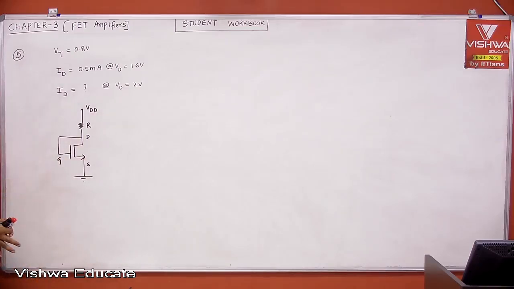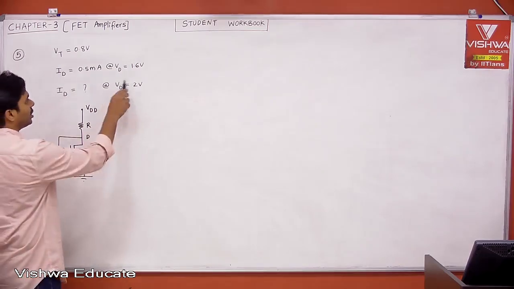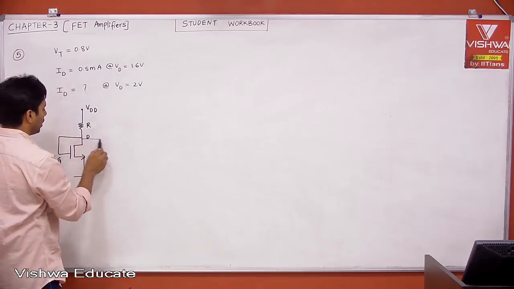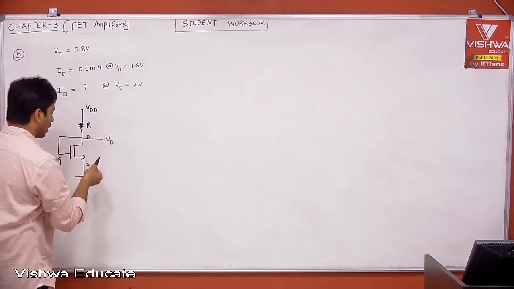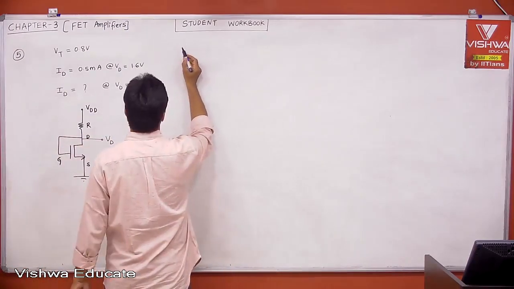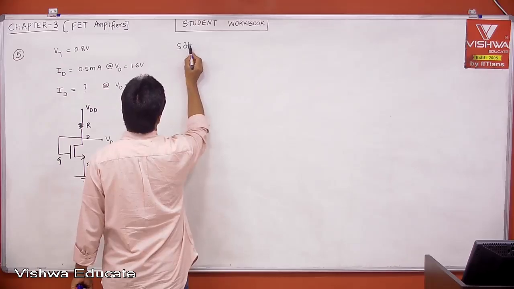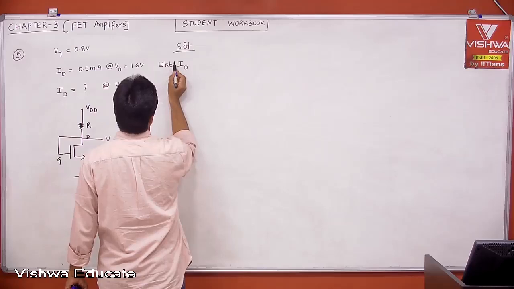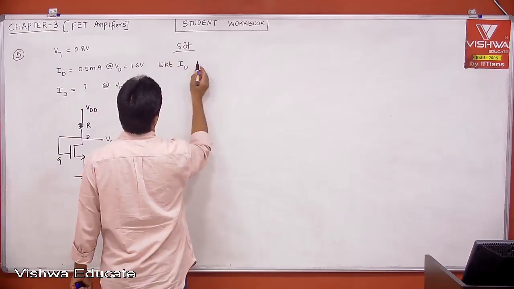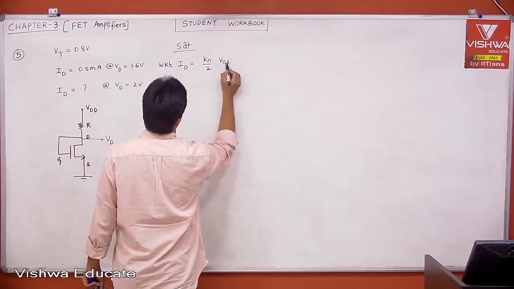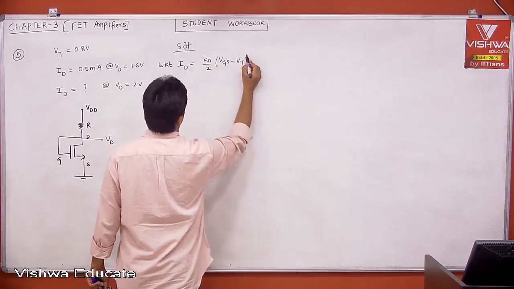Straightforward, you know, it is asking indirectly, right? Therefore, VD is changed because of VDD and R, whatever it may be. But if VD is becoming 2 volt, therefore what is VD? This is VD, right? VGS only, right? Therefore, when the transistor is in saturation, ID is equal to Kn/2 into (VGS − VT) whole square, right?